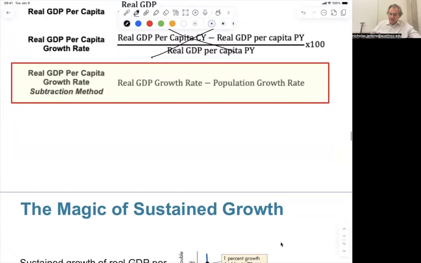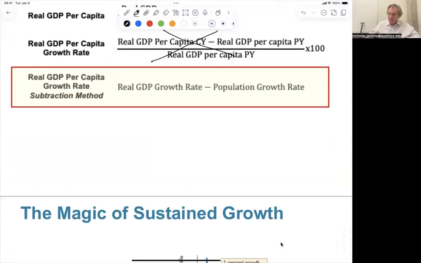Now, the second part of growth is what we call the magic of sustained growth. The magic of sustained growth has to do with something called compounding. Okay, let's take an example. If I put $100 in the bank today and I earn 1% interest a year, at the end of year one, I'll have earned $1, which means my balance will be $101.